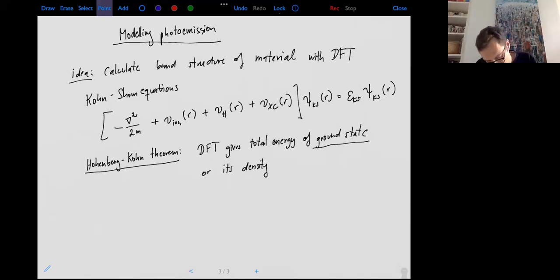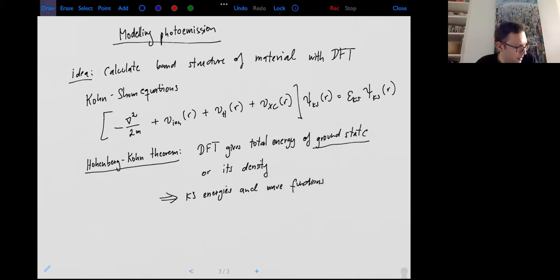So it's important to remember that these Kohn-Sham energies and wave functions are not physically meaningful quantities.